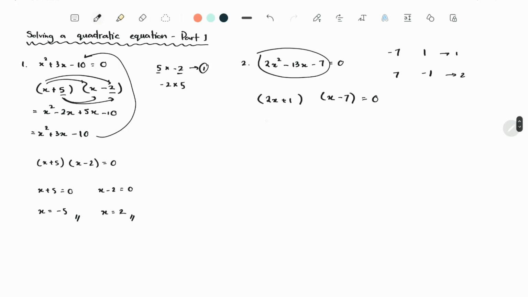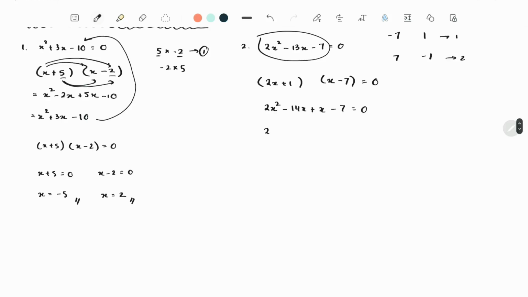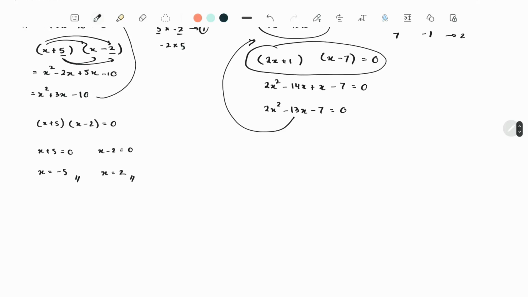So expanded, 2x squared minus 14x plus x minus 7 equals 0. So 2x squared minus 13x minus 7 equals 0. This is exactly the same as this. Hence, this is the factorized version.